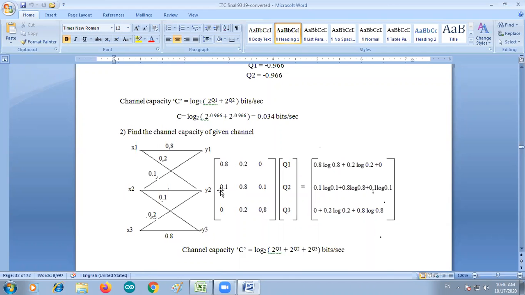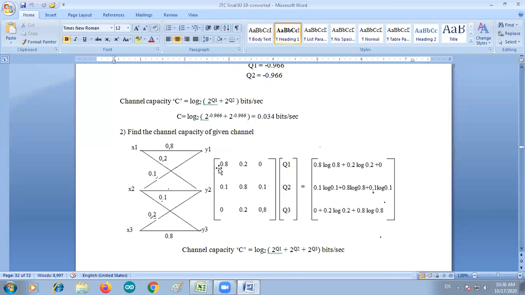P21: 2 is an input, 1 is an output. P22: 2 is an input, 2 is an output. P23: 2 is an input, 3 is an output. This is P31: 3 is an input, 1 is an output. This is P32: 3 is an input, 2 is an output. This is P33: 3 is an input, 3 is an output.